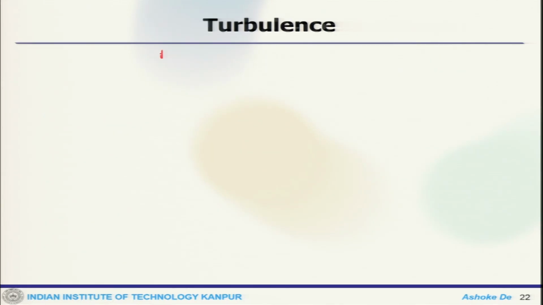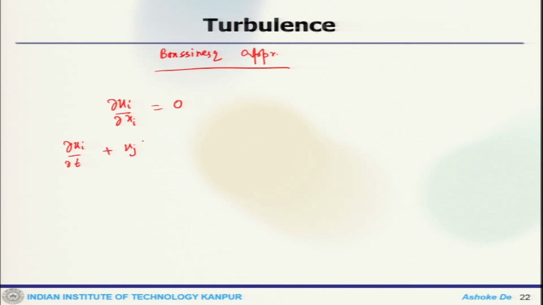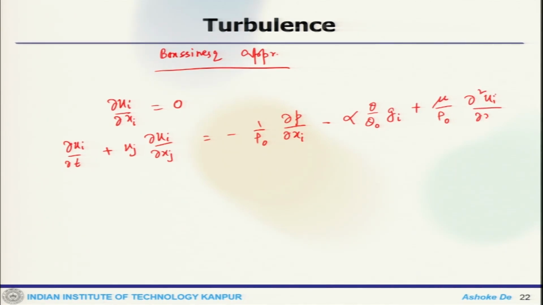Now, my Boussinesq approximation will give me del ui by del xi equals 0, and my momentum equation becomes del ui by del t plus uj del ui by del xj equals minus 1 by rho naught del p by del xi minus alpha g theta by theta naught plus mu by rho naught del 2 ui by del xj square.